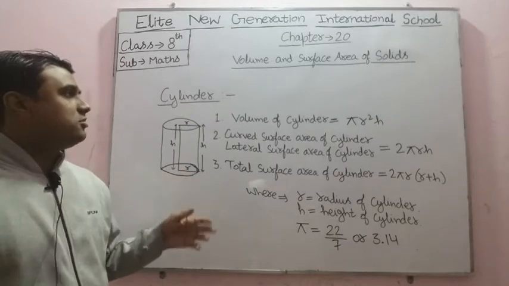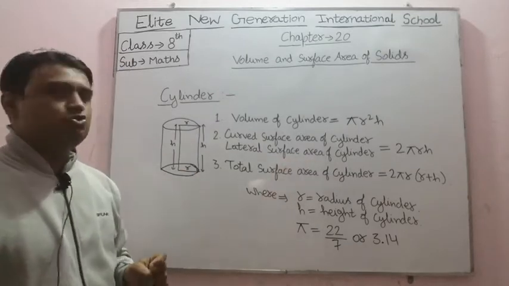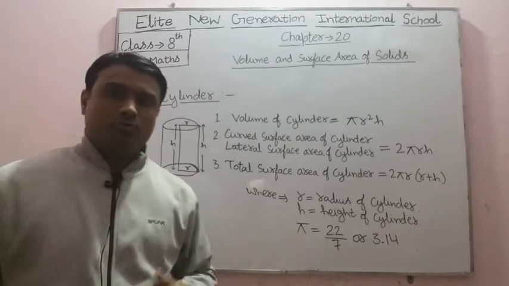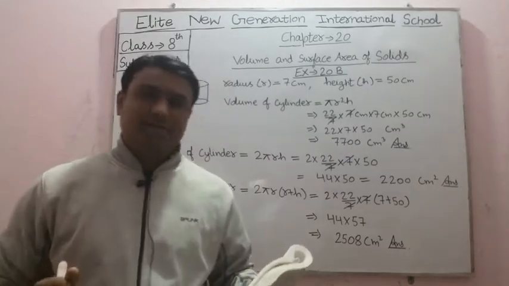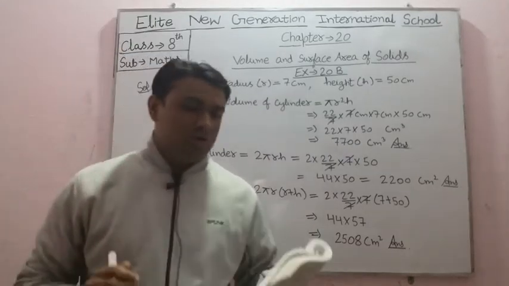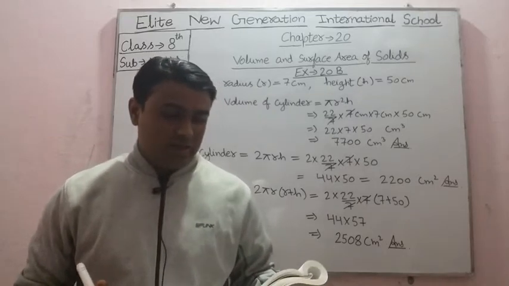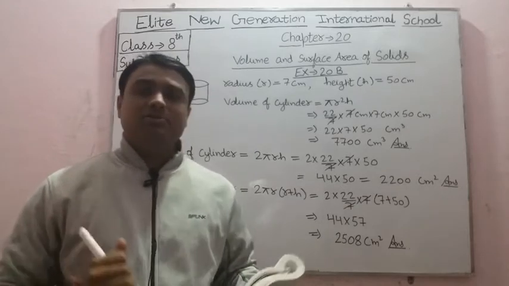On the basis of these formulas we are going to start exercise 20B, in which we will study about cylinder. See question number 1. In question number 1 we have to find volume, curved surface area and total surface area of each of the cylinders whose dimensions are given.